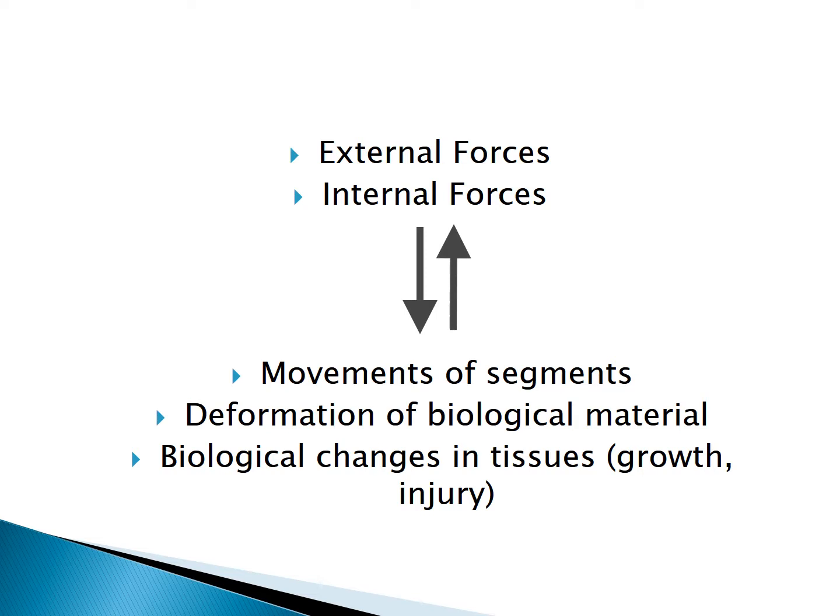And these all combine to result in movements of segments, deformation of biological material, muscles bulge, tendons stretch, and biological changes in tissues such as growth, injury, increasing strength, micro damage. And in turn, all these changes and movements feed back and change the forces that result. So we have a loop here, and studying that loop is really what biomechanics is all about.